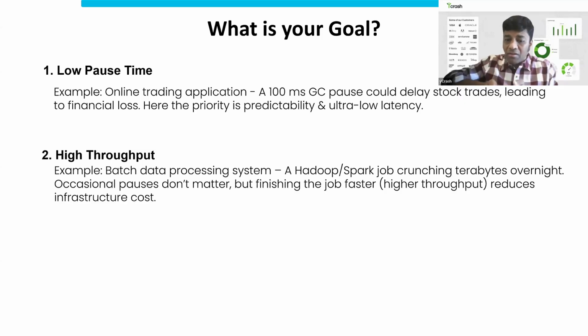The goal here for my batch processing is to complete it as early as possible. Say starting at 6 p.m., I want to complete it before 9 a.m., before my next business day starts. So my focus there has to be to complete it very quickly. My batch has to run quickly. So there you want to look for high throughput.